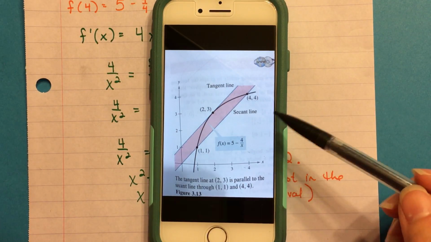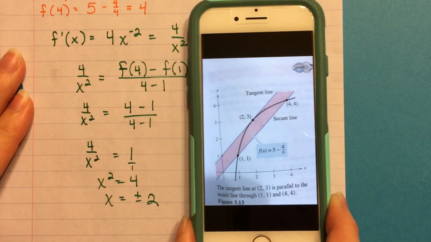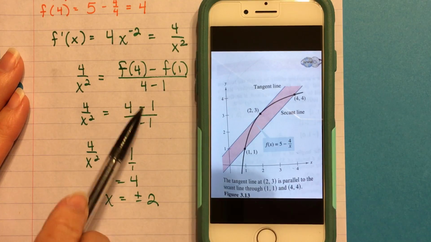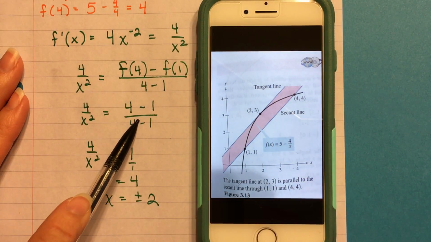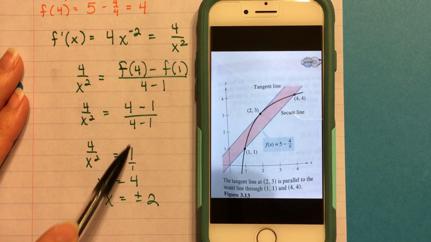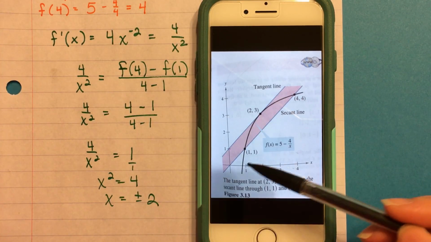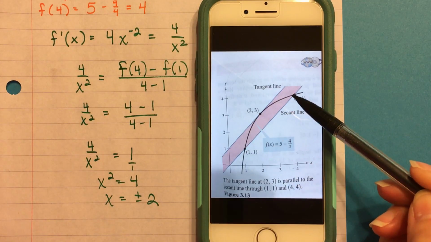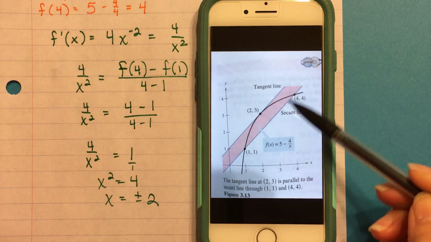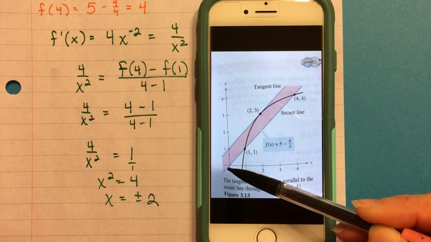So in doing the calculations on this half, of course, this is using your slope formula here. We found that the slope was 1. So that just meant this secant line that goes through these 2 points would have to have a slope of positive 1.